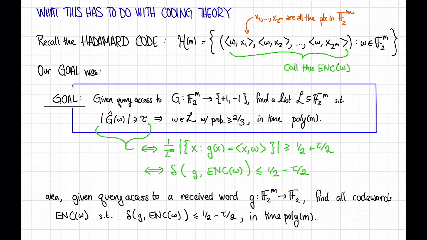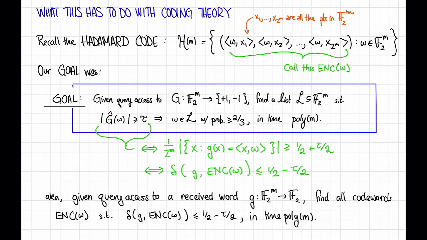That is, we're given access to a received word g, and we want to find all of the codewords of the form encoding of omega, so that the distance between g and the encoding of omega is at most 1/2 minus tau over 2. And we want to do this in time polynomial in m. So our goal is to list decode the Hadamard code. We want to find all the codewords that live within some ball of the received word.